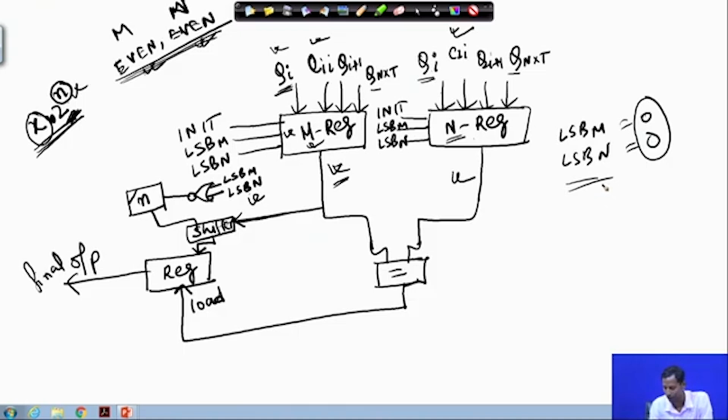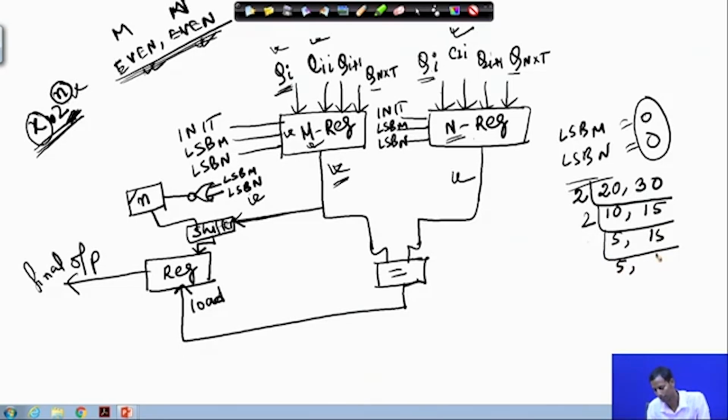If I consider this 20 and 30 case, what was the expression? Here it was 10 and 15, then 5 and 15, then 5 and 10, then in the next step 5 and 5.